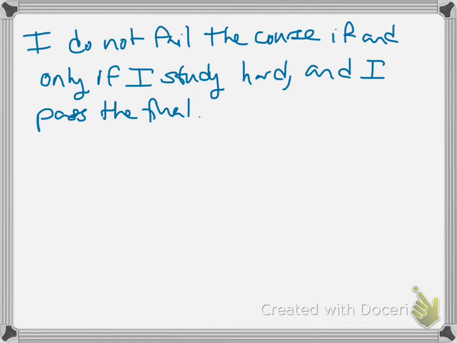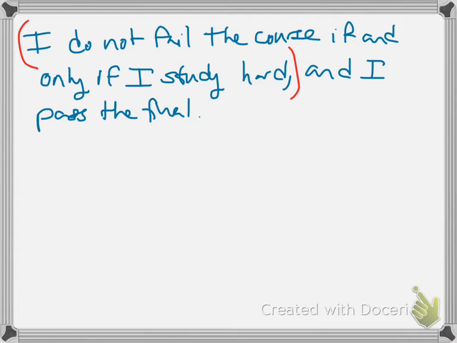Slightly different. We've got a comma here. That tells us that we've got parentheses around that first compound statement. I do not fail the course if and only if I study hard, comma, and I pass the final. So that comma is taking out the dominance of the if and only if connective.